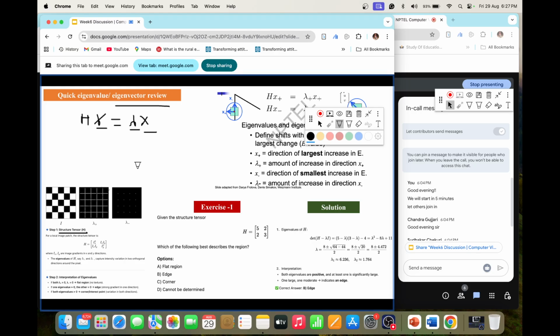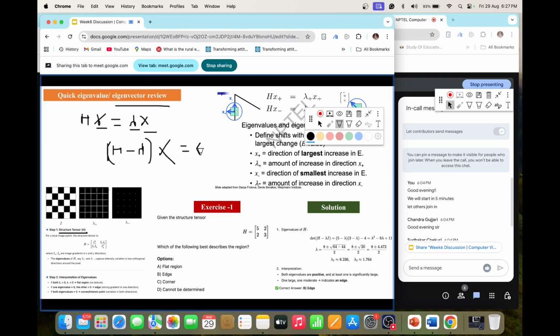Now how do we calculate it? It is very easy. In the previous class we also discussed this, but it is better to discuss it here too. H minus lambda, times x, will be equal to 0.